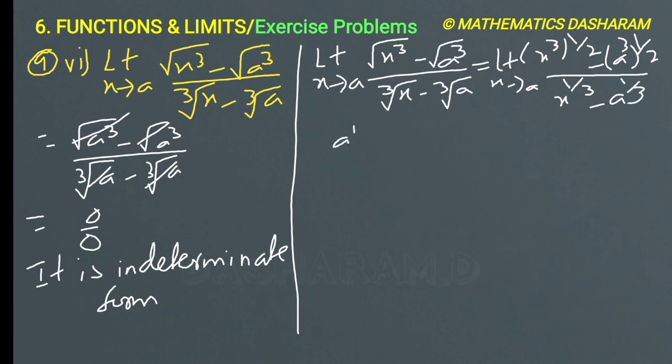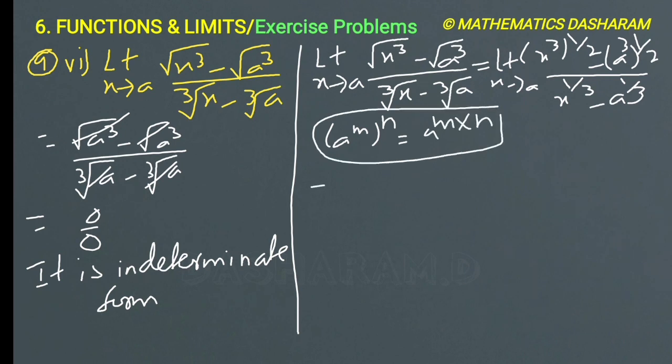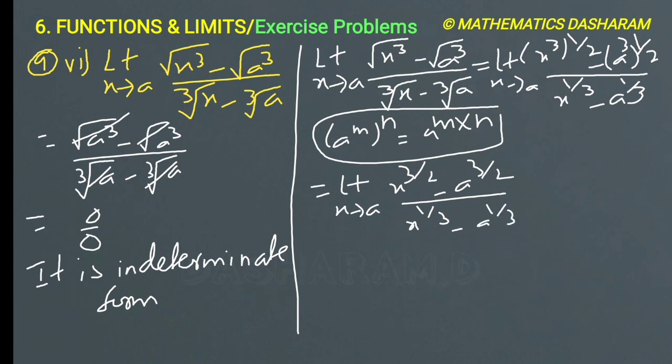So here apply the a to the power of m whole power n formula, that is a to the power of m into n. So then limit x tends to a, x to the power of 3 by 2 minus a to the power of 3 by 2 divided by x to the power of 1 by 3 minus a to the power of 1 by 3.